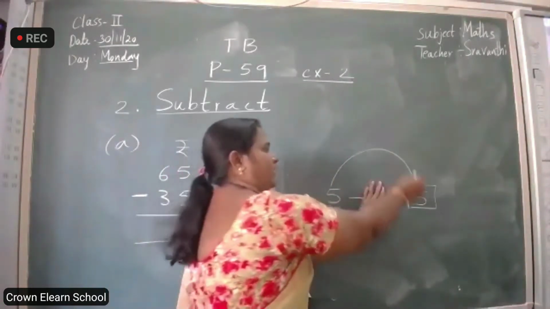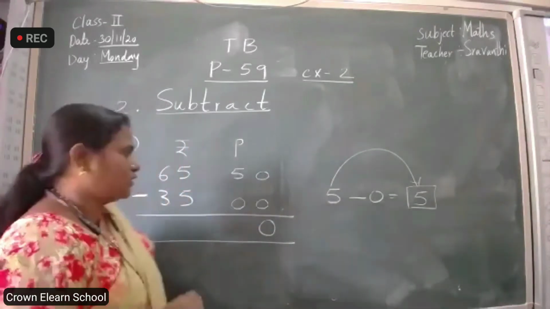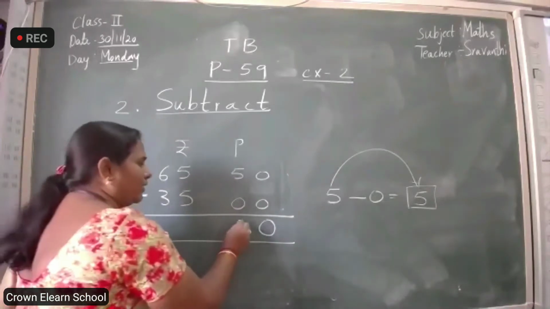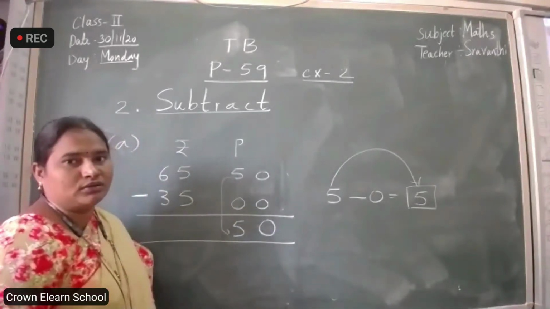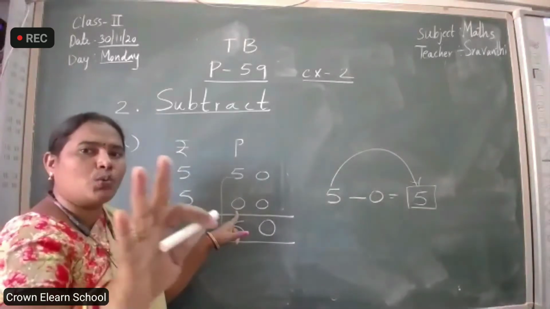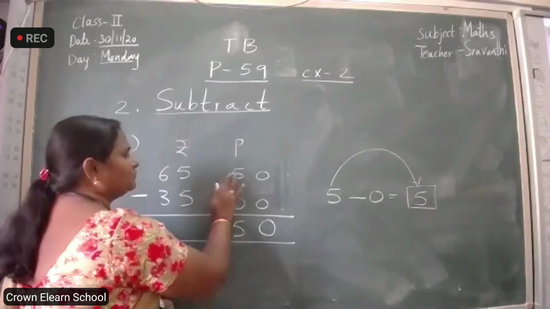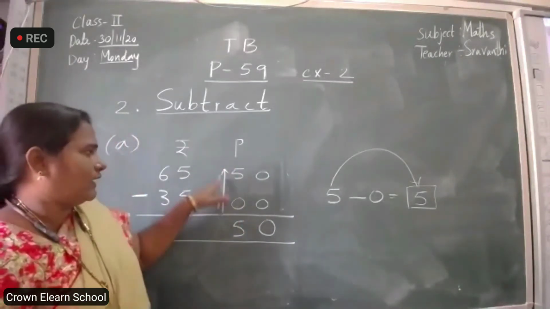So the same 5 will be there in the answer. Got it? So 5 minus 0 is 5. Why are you writing 5? Why are you bringing it down? Because 0 has no value. Yeah, you can do it in this way also. Miss made you count like this.